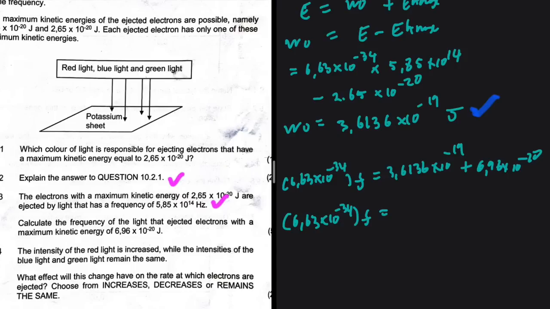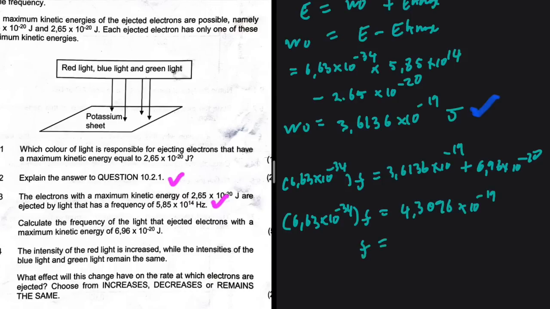Let me put brackets here so that I can be 100% sure that my calculator is interpreting what I want to say the way I want to say it. 6.96 times 10 to the minus 20, 3.6136 times 10 to the minus 19. Okay, looks good. So here I'm getting 4.3096 times 10 to the minus 19. So let's divide both sides by the coefficient of f.